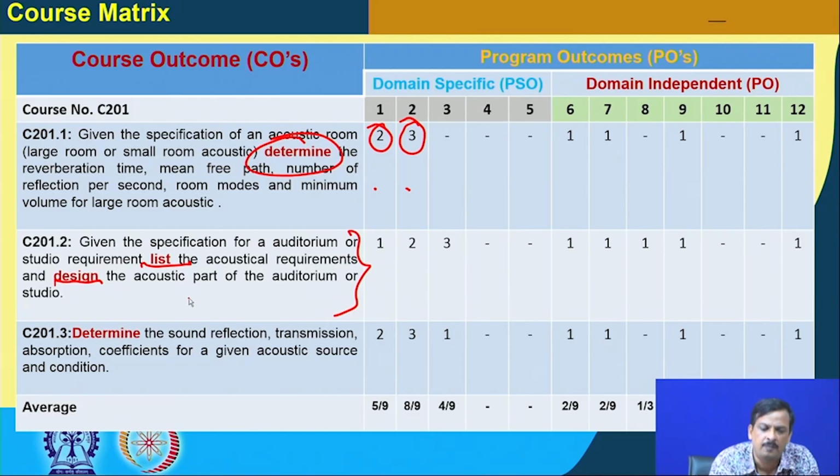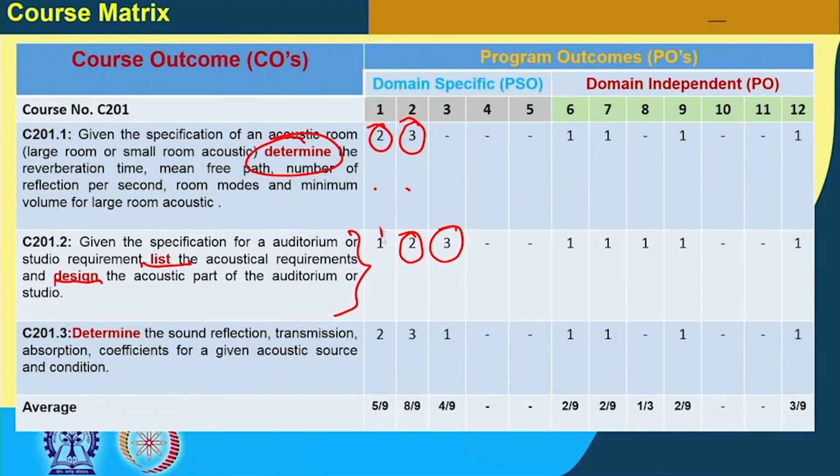So, I can say synthesis is directly matched with level number 3, design ability, okay, 3. Directly matched, and once they want to design, they require some analysis also. So, I put weight vector 2. They require some solving ability also, I put weight vector 1.